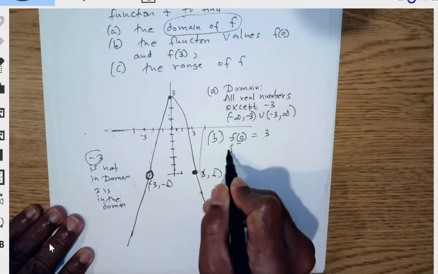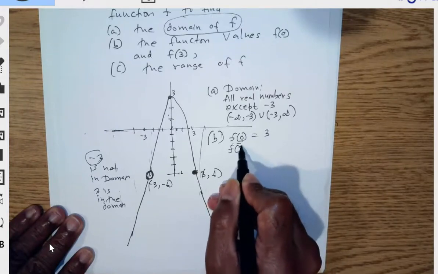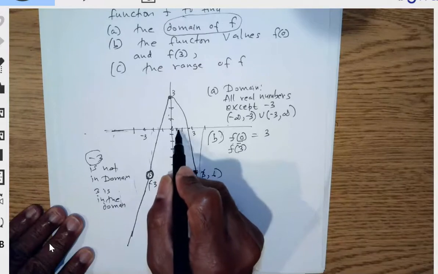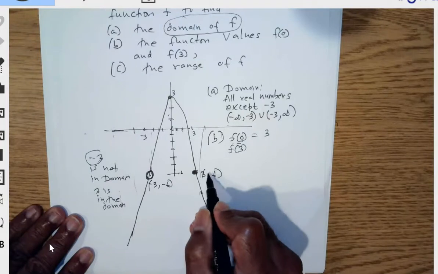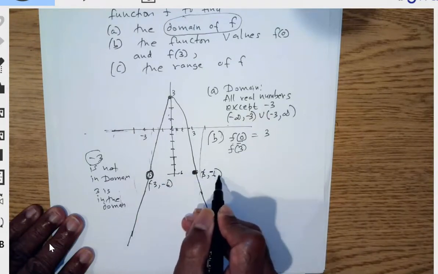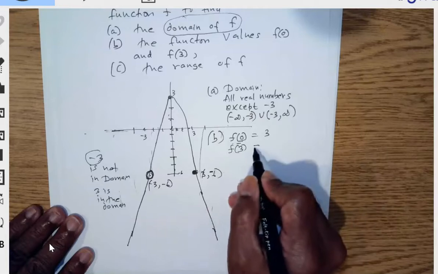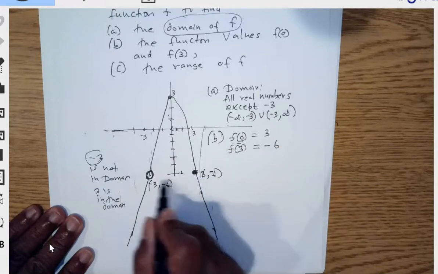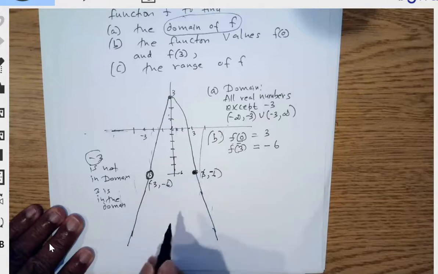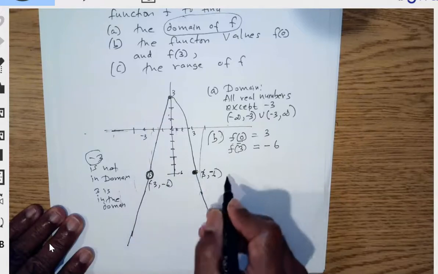And if you want to find f(3), we go to the input 3, and we look at the function value, which is -6, because this point here is symmetric with this one, and it's (3, -6).